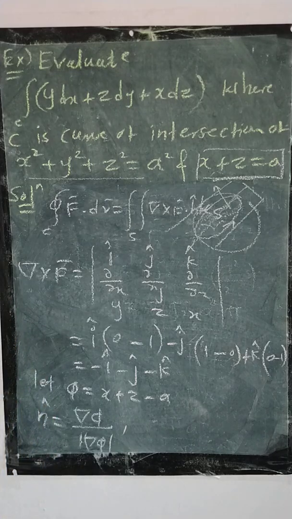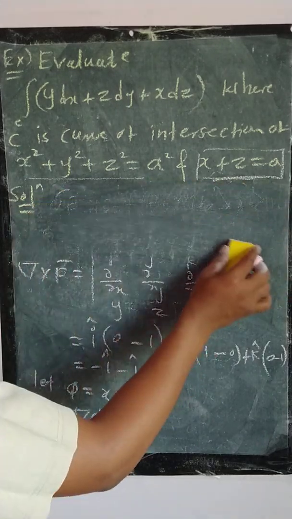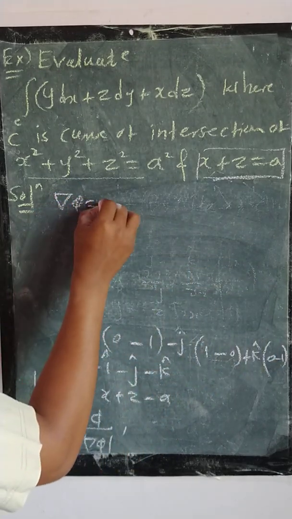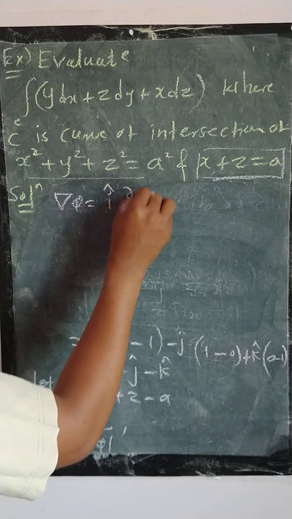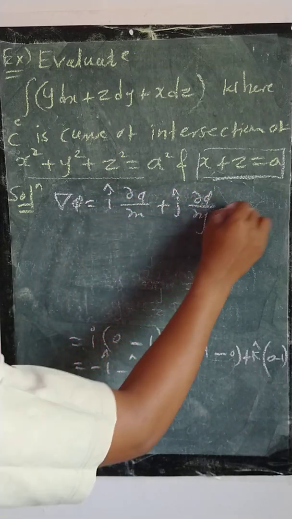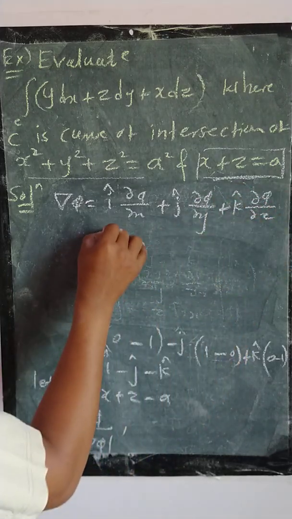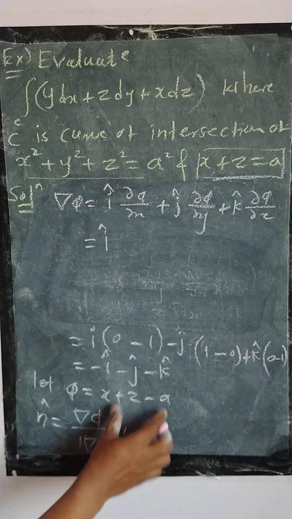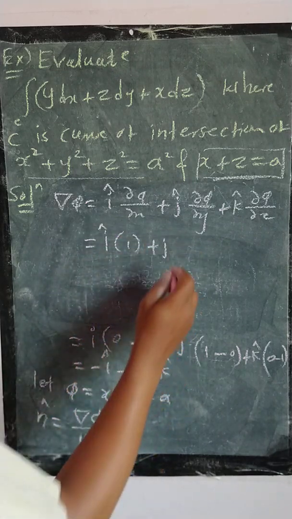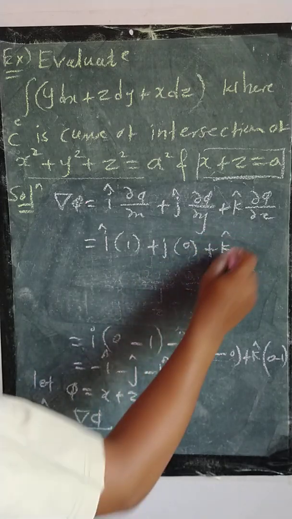So del phi is i cap times the derivative of phi with respect to x, plus j cap times the derivative of phi with respect to y, plus k cap times the derivative of phi with respect to z. Which is i cap times 1, plus j cap times 0, plus k cap times 1.